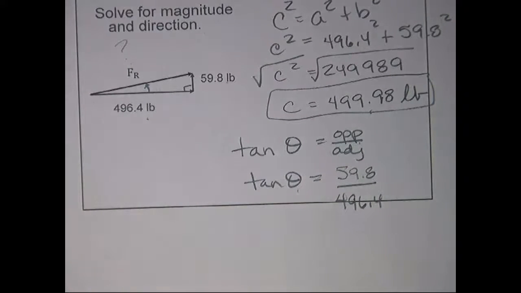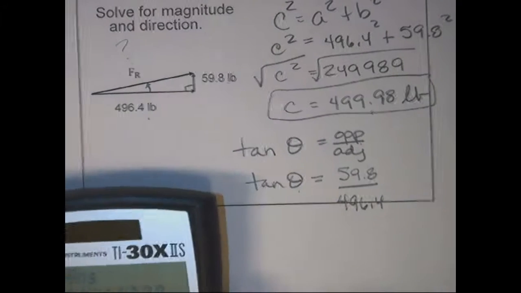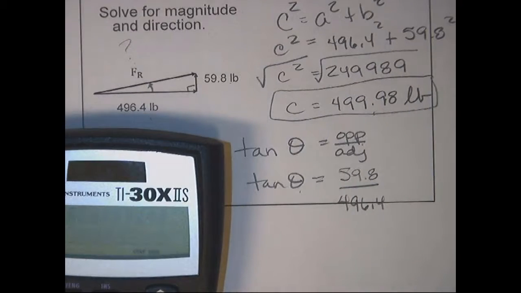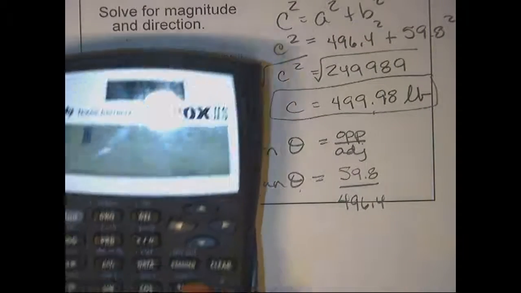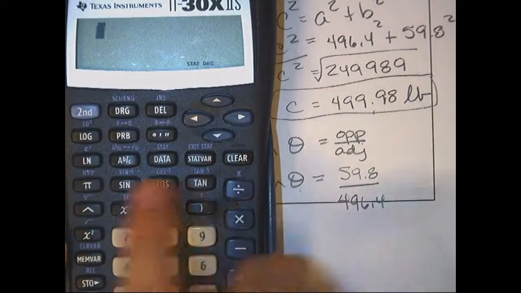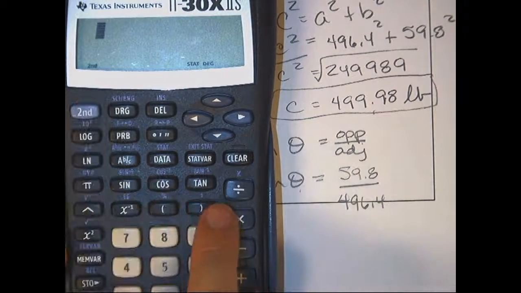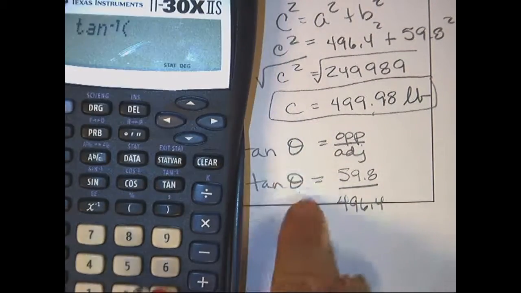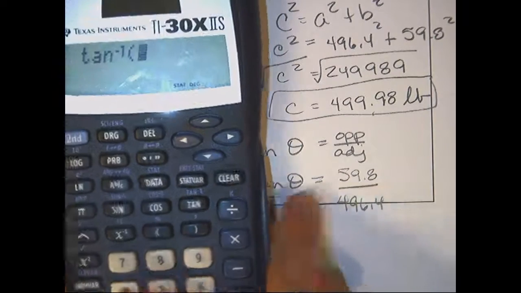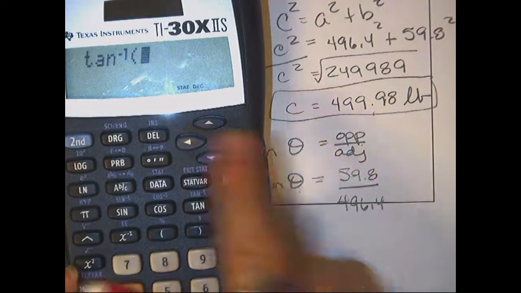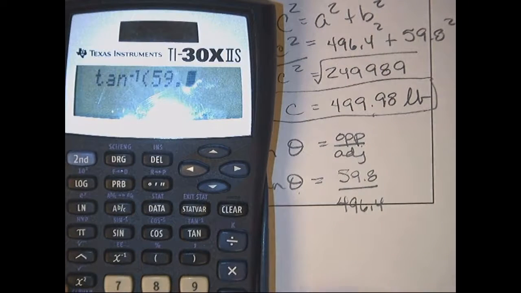Now you work problems like this when you were practicing the trig, but I'm going to remind you of how you do it. So I have to use this inverse tan button right here, the one right there. So second tan is going to find this one when I'm looking for the angle, and then I type this in. It's already open in parentheses, so I don't have to worry about that.